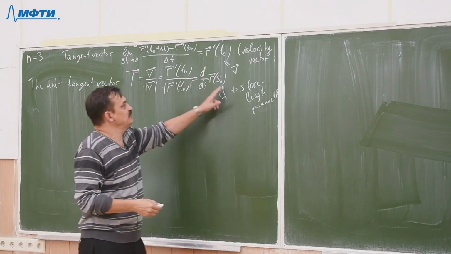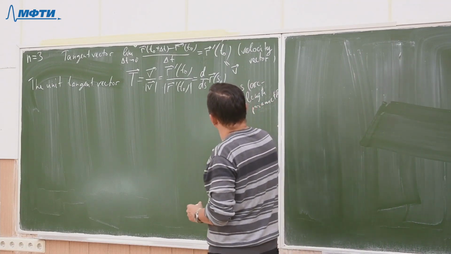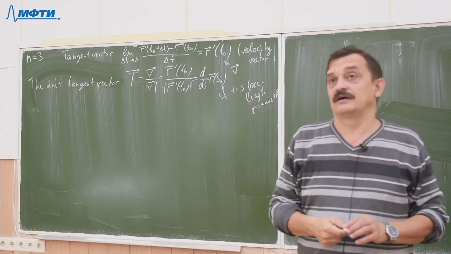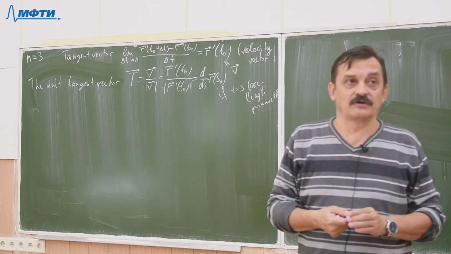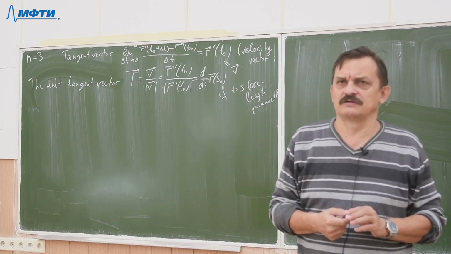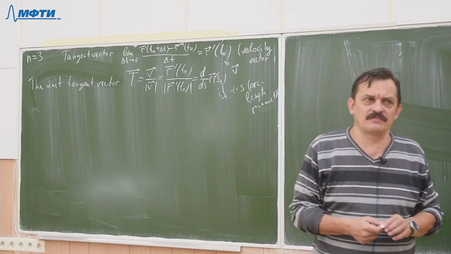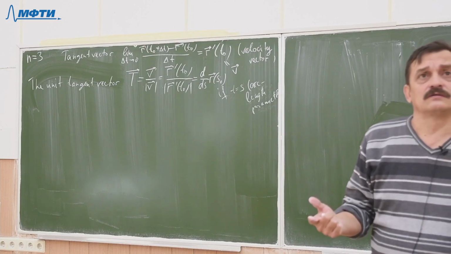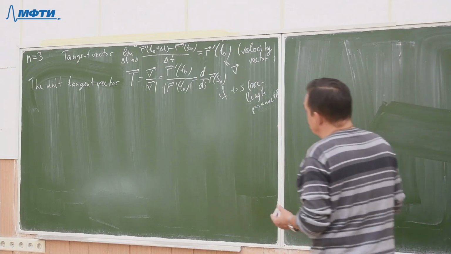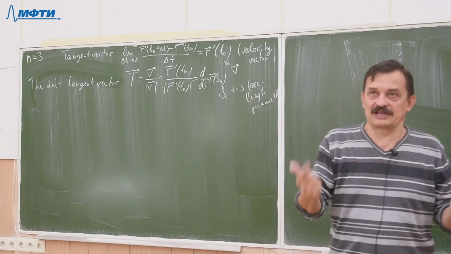So if t is s, the natural parameter, then as we know, the derivative has unit length, because there was a lemma during the former lecture that a parameter of a curve is the arc length parameter if and only if the derivative with respect to this parameter has unit length.